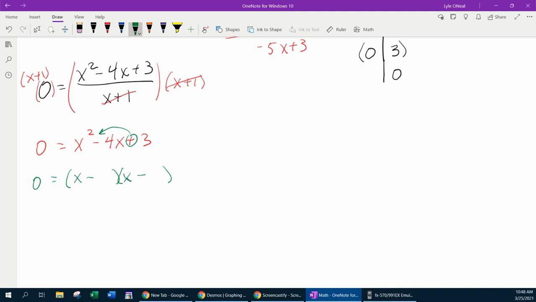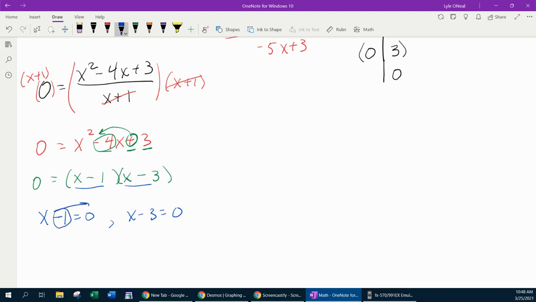Now, I do need numbers that multiply to make 3, that also add to make -4. And -1 and -3 multiply to make +3, and add to make -4. So that's factored correctly. Now I can set each factor equal to 0 and solve.